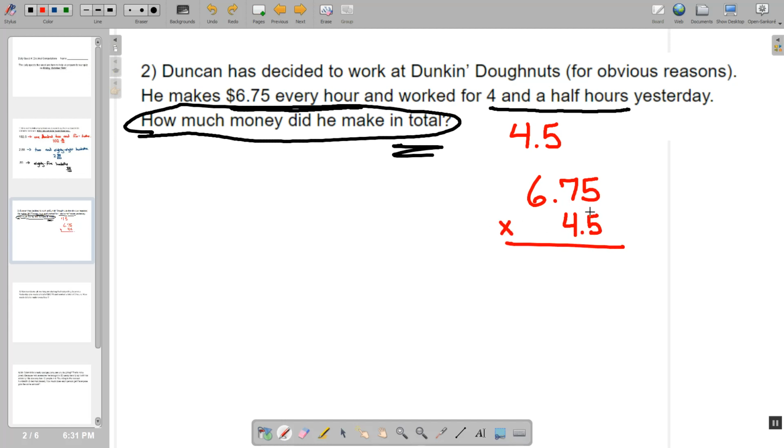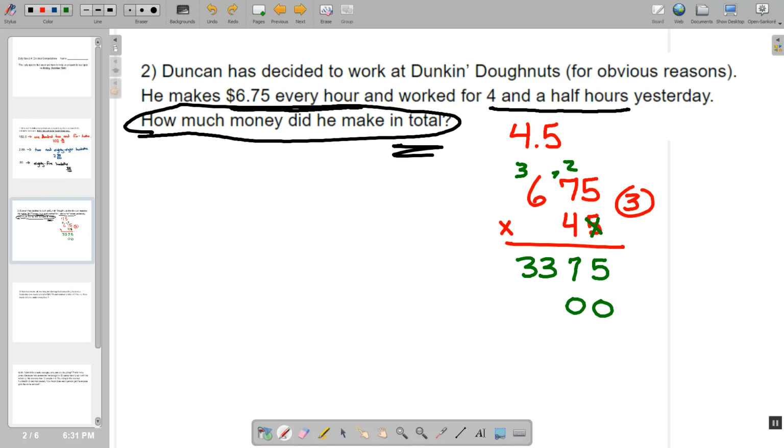There are 1, 2, 3 total digits behind the decimal point. So we erase our decimals, and we have 3 digits behind the decimal point when we are done. And now we just multiply like normal. So it's 33. We're done with the ones column, so we add a 0 into our ones column because we're now multiplying by the tens column.